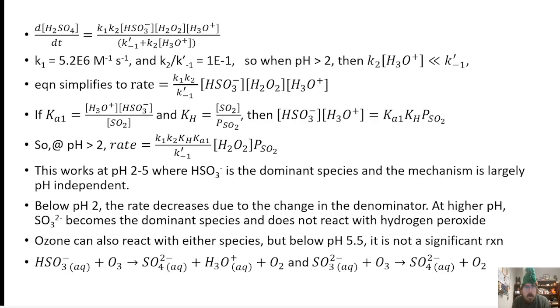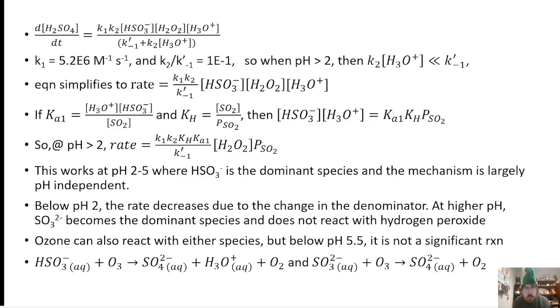Basically, what happens if the pH is low, so the concentration of hydronium is high? In this case, it's more if pH is greater than 2.